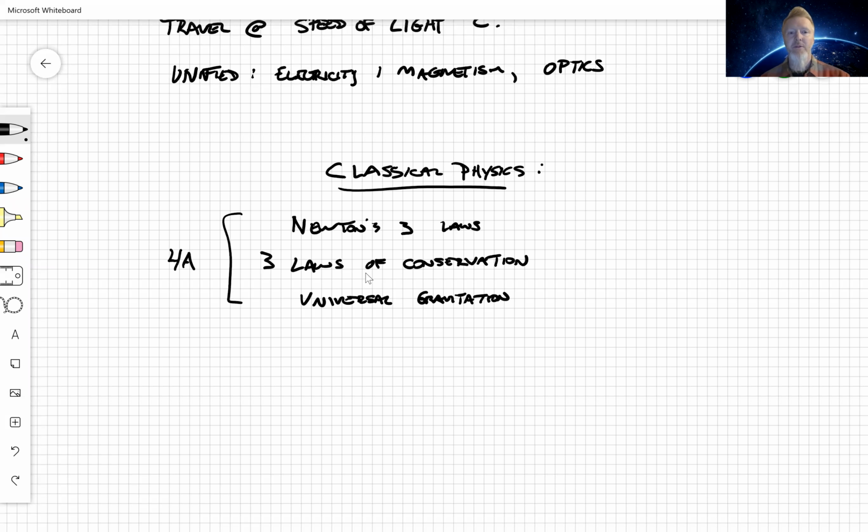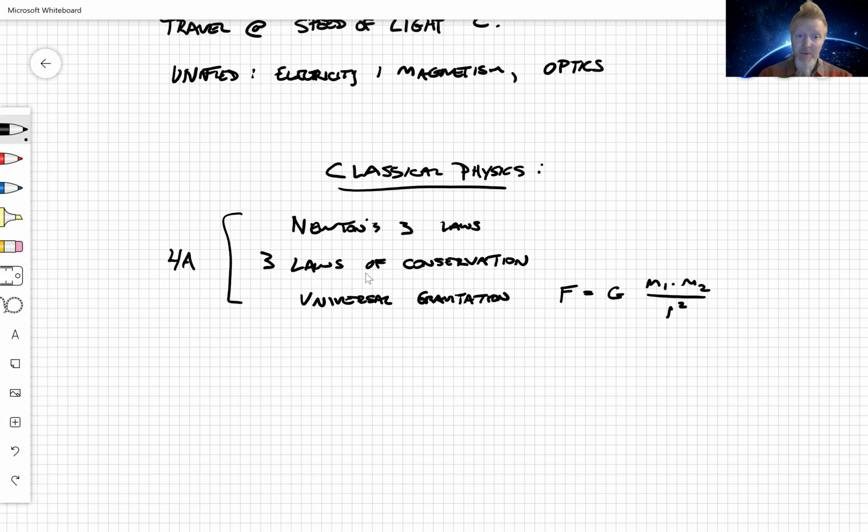Newton's 3, 1, 2, and 3, gravitation, the force of gravity being two masses multiplied by and then divided by the square of the distance between their centers. That's Newton's law of gravitation. Notice how it bears a strong resemblance to Coulomb's rule. And then, of course, you have conservation of energy, conservation of momentum, and conservation of angular momentum.